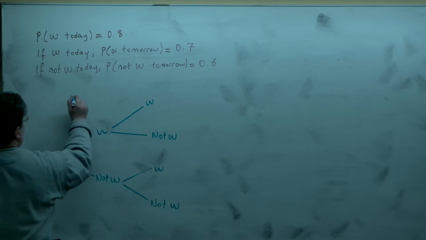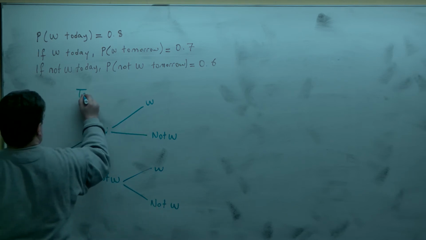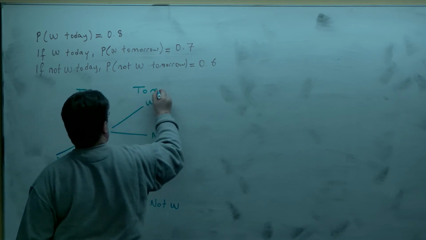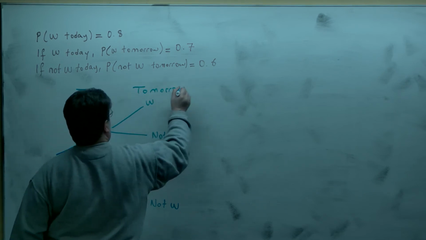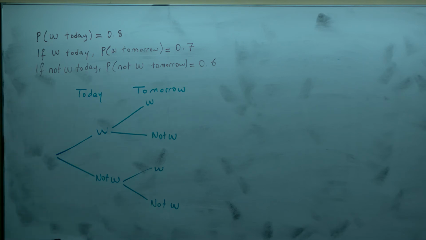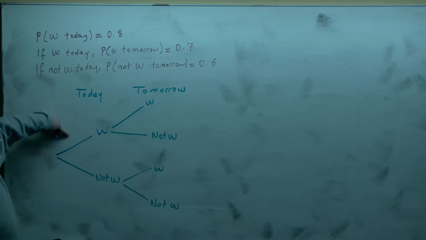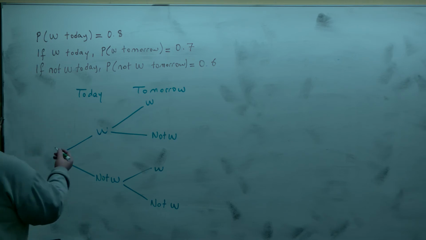This is for today. This is for tomorrow. Okay? And then we will insert our probabilities. Windy today is 0.8 probability. That's the probability of this branch right here. This is 0.8.